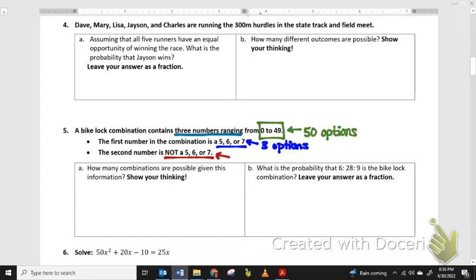How many options would we have to choose from for the second number? 47. We had 50 total options, minus 3 options, for a total of 47 options for the second number.